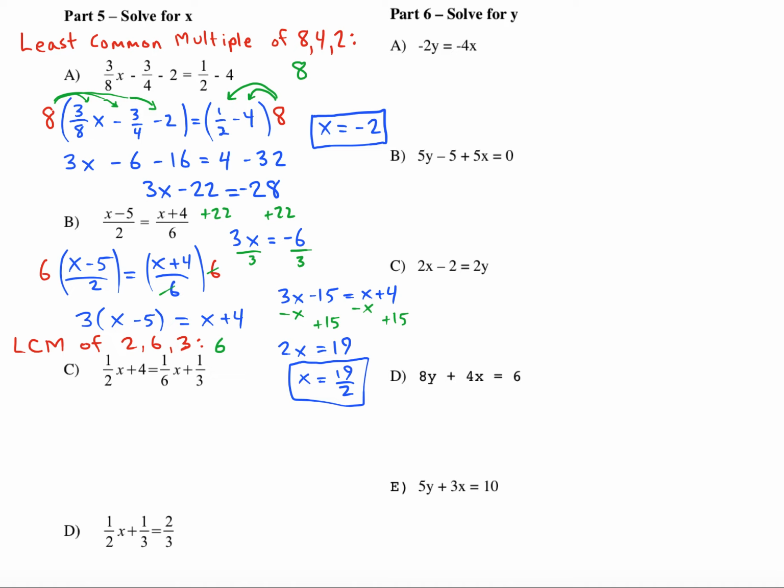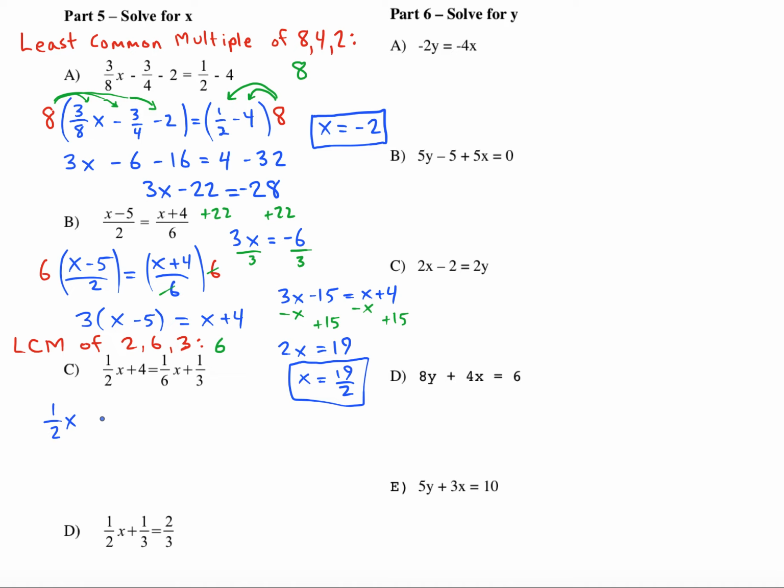Now keep in mind, if you understand the method that I had used above of multiplying both sides by the 6, you could do that, and that would solve this problem as well. But I want to demonstrate another method here for people who didn't understand that previous one and maybe want to try it a different way. So that's what I'm going to do here. All we have to do is start with the original terms.